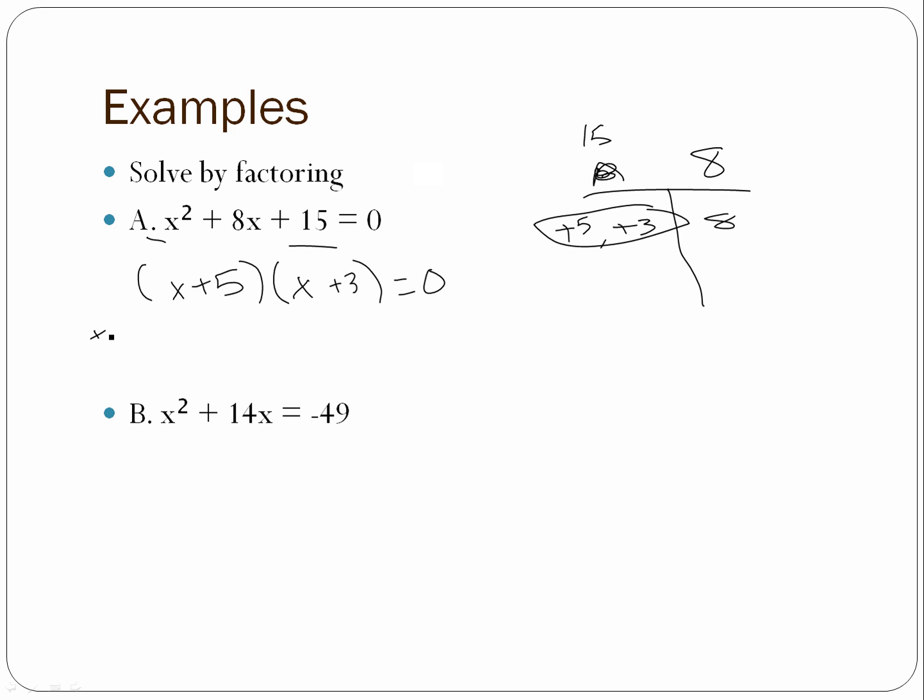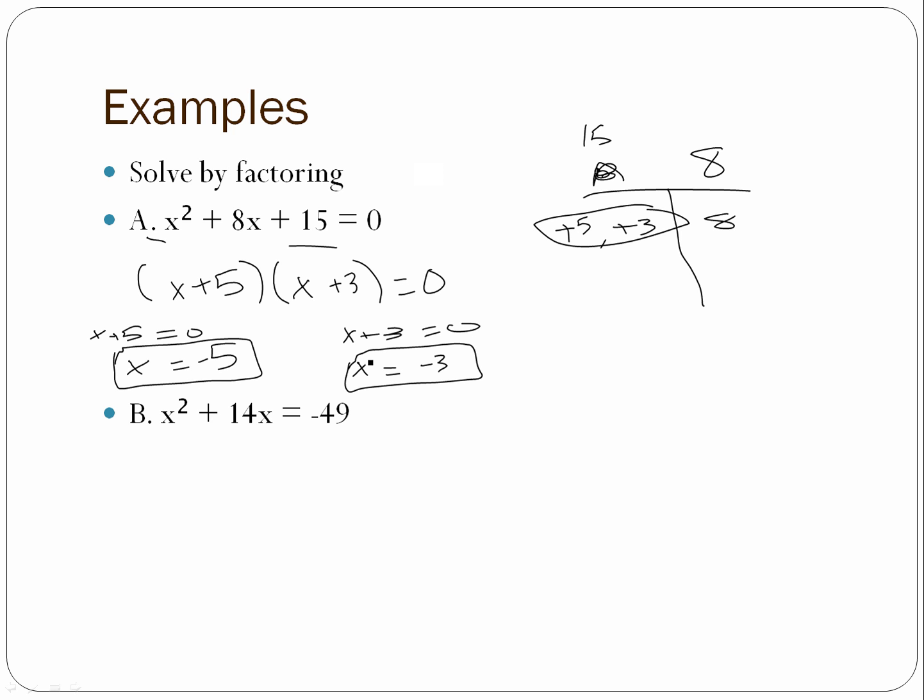So we're going to have x plus 5 equals 0, and x plus 3 equals 0. Solve for x on both binomials. We're going to have x equals negative 5 for this particular one, and x equals negative 3 for this particular one. So two answers, negative 5 and negative 3. That solves the quadratic equation.